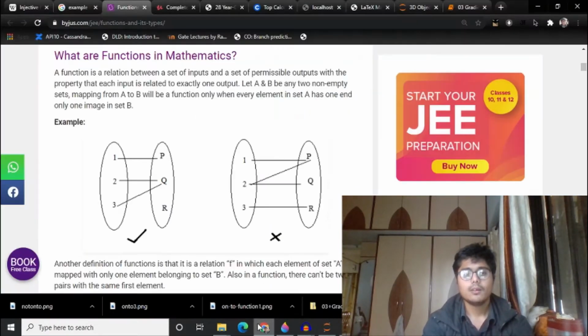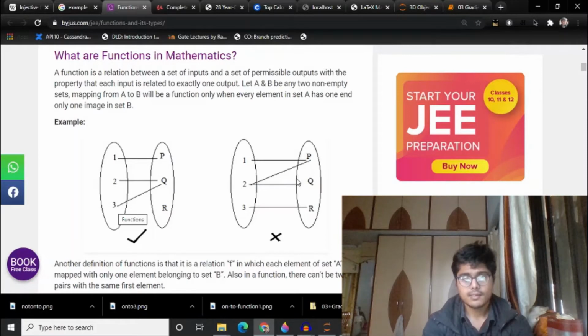This function suggests that when the machine takes 1, it outputs p. When it takes 2, it outputs q. When it takes 3, it also outputs q. This is allowed in a function. Multiple values in the domain can be mapped to the same element. That is absolutely valid, so we can call this a function.